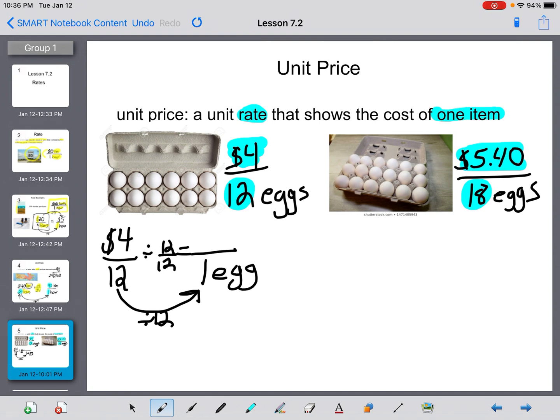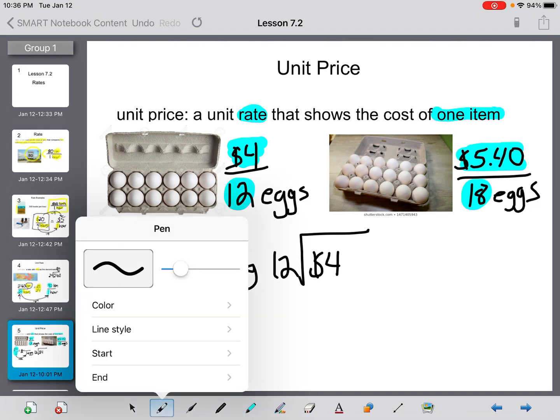What you do to the bottom, you must do to the top. So now we need to think, well, what's $4 divided by 12? Remember when you're setting up long division, the thing that you say first, $4 divided by 12, goes in the box. Or if you look back over here, this is really division, right? 4 divided by 12. Number on top goes in the box.